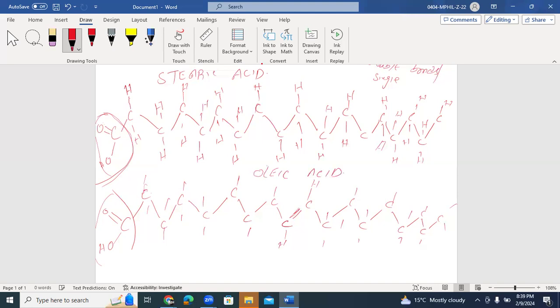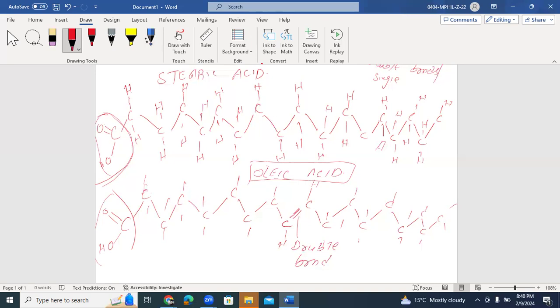This is oleic acid. So now there is a double bond present here. Because of this double bond, it becomes unsaturated. Although the number of carbon atoms is the same, because of this double bond it becomes an unsaturated fatty acid.